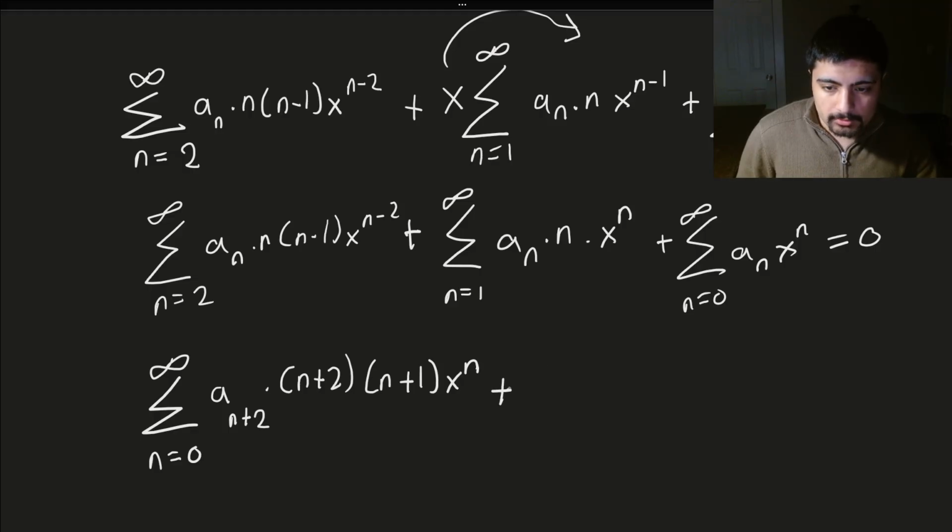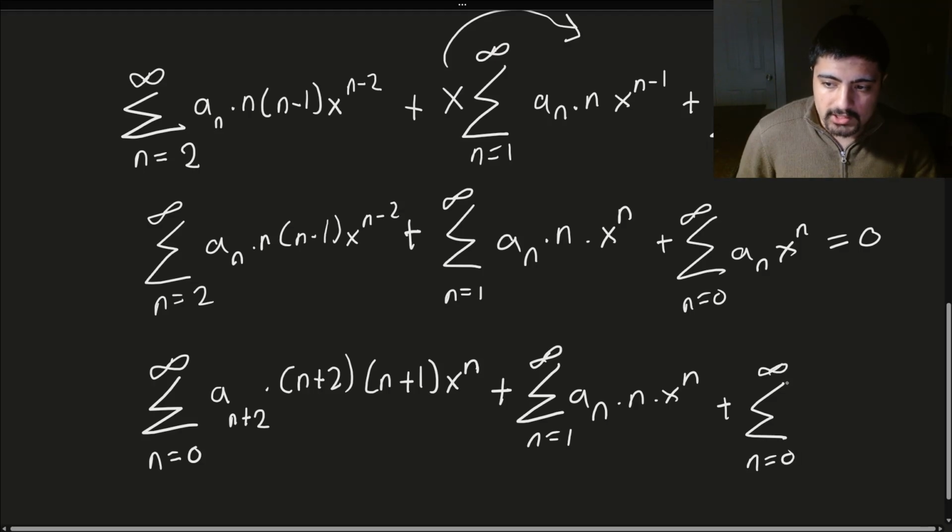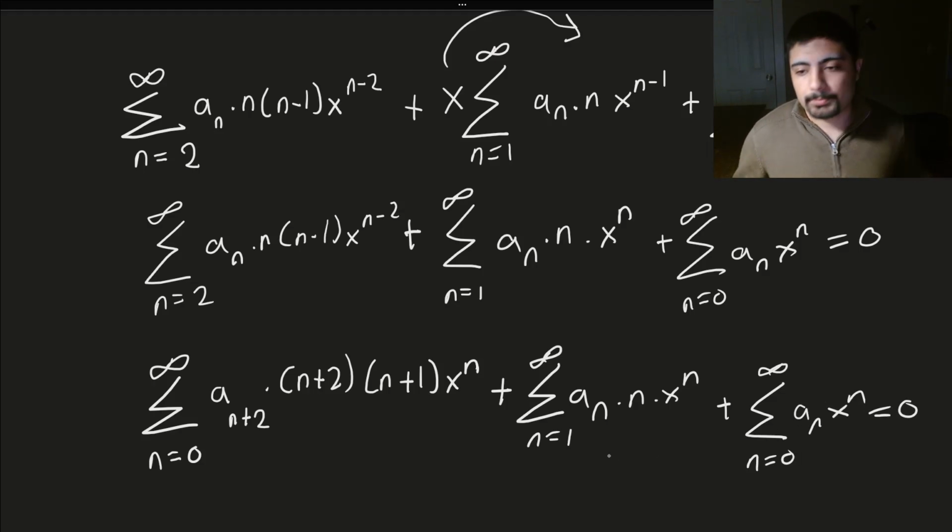Plus the sum from n equals 1 to infinity of a sub n times x to the n, plus the sum from n equals 0 to infinity of a sub n x to the n, equals 0. Awesome. Right now all of our exponents are matching, which is really good news. We want this.